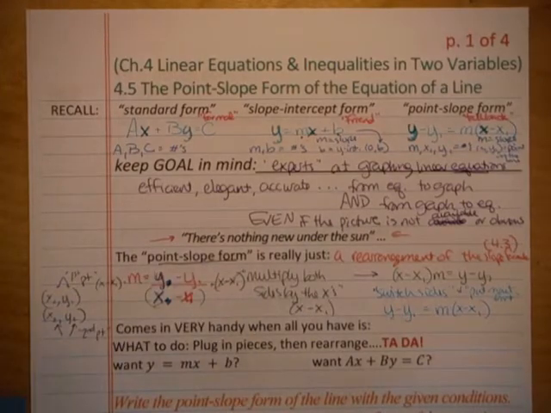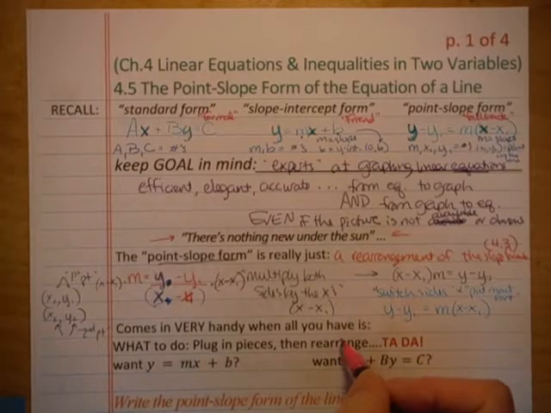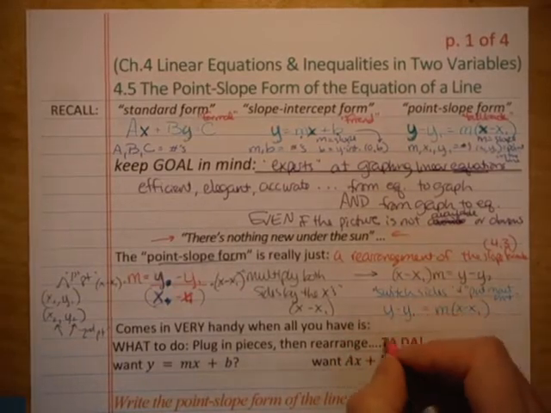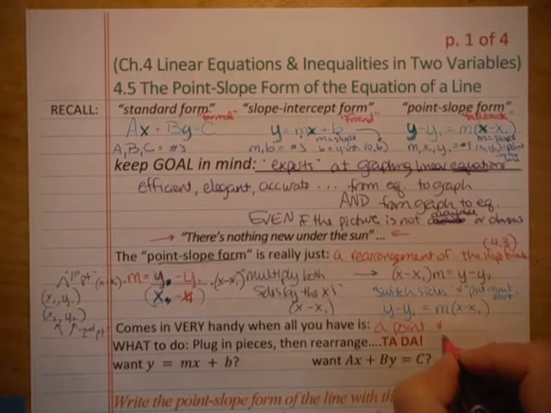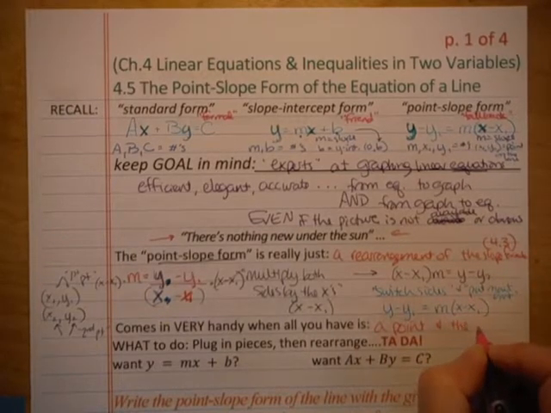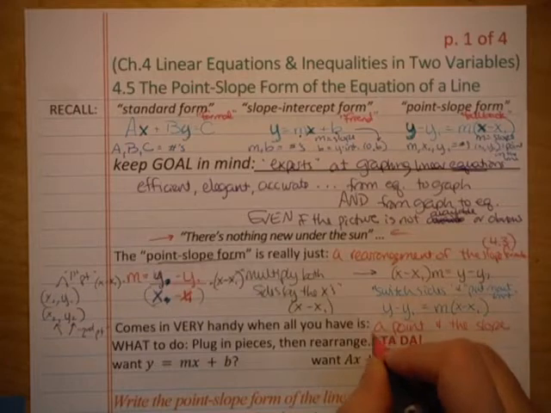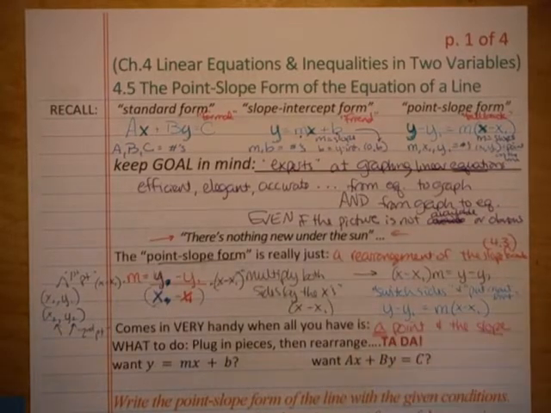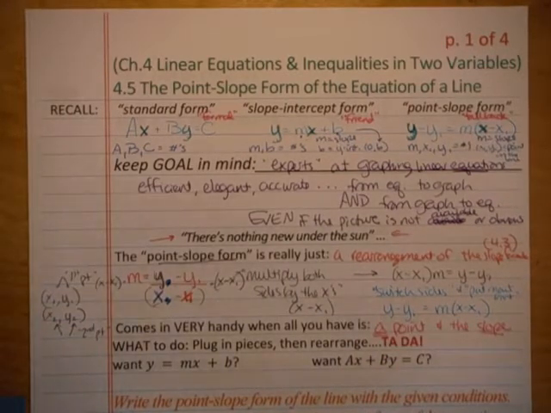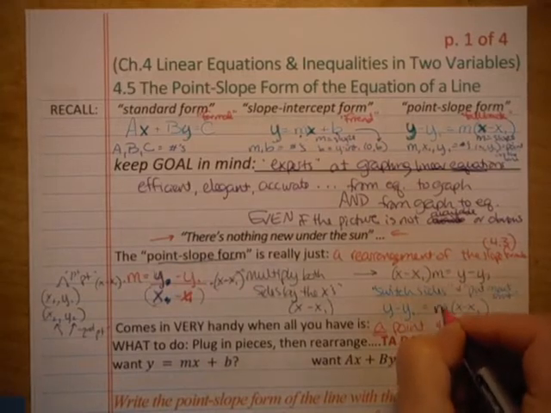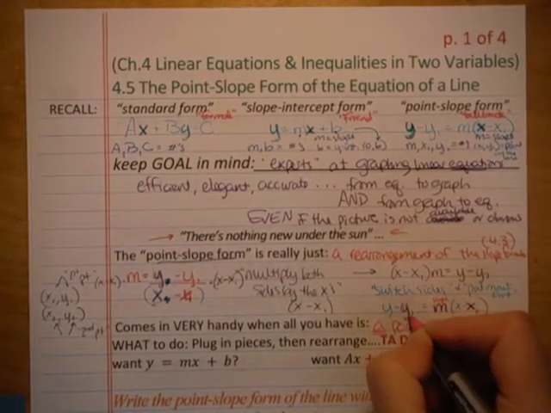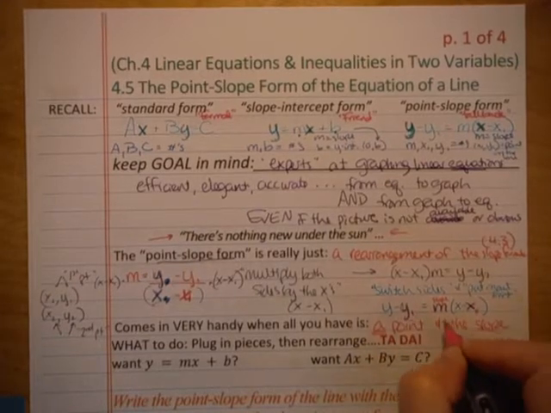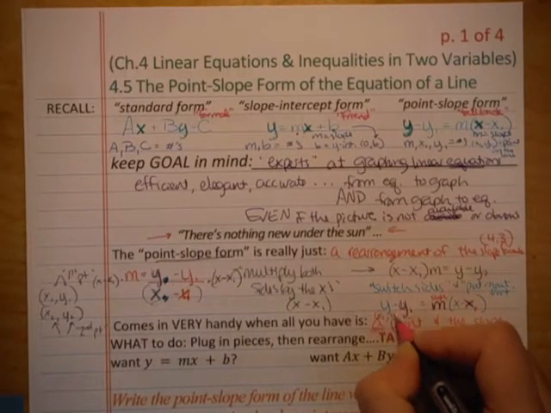Okay, it comes in very handy when all you have is a point and a slope. Any old point. So if all they give you is a point and the slope, you're able to use this formula, because here is your slope and here is your x1, y1 for your point.